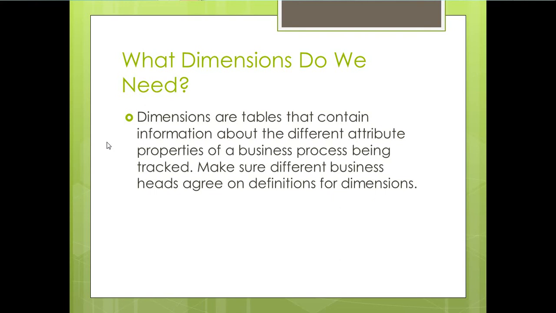Because while it might seem easy to come up with a business process and define the different elements involved in it, sometimes people's slightly different misunderstandings of the concept might make it so that they'll expect a business process to work one way, and another department will understand it to work a different way.